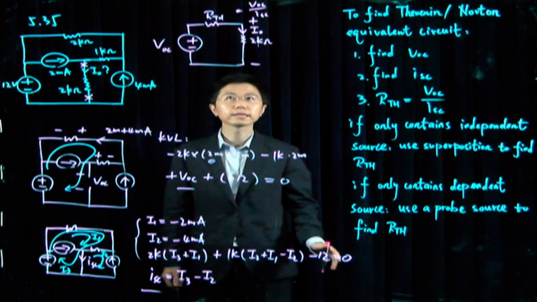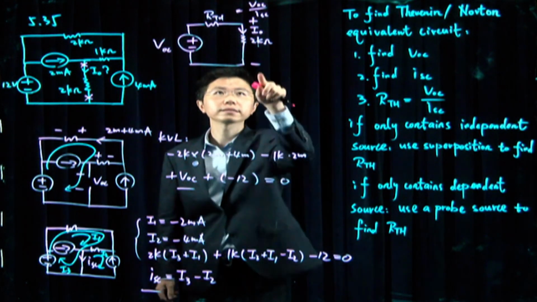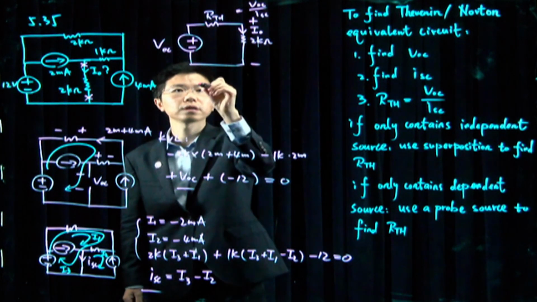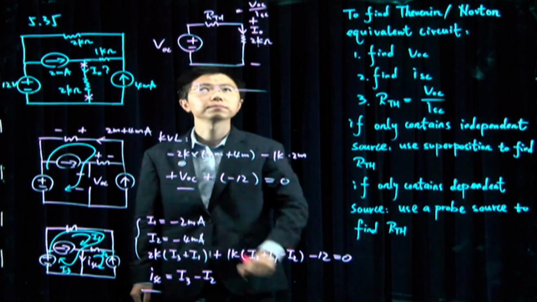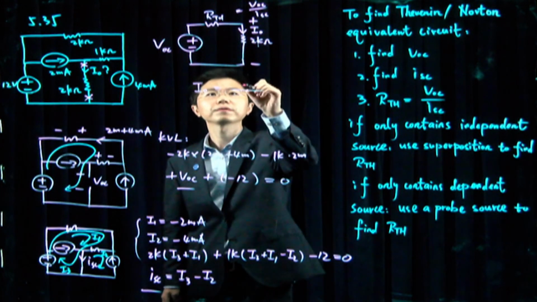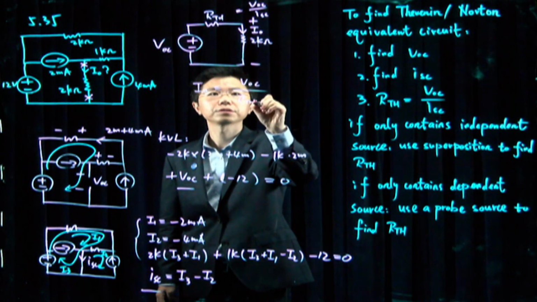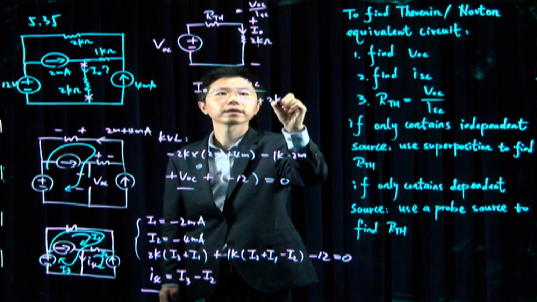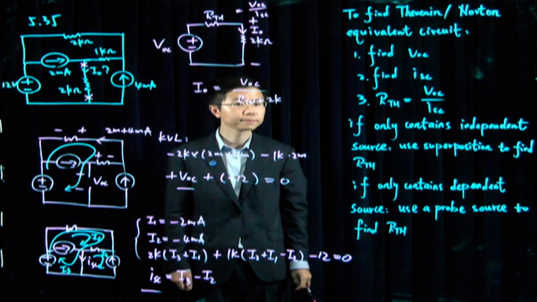After that, I end up with a simple circuit, and I can easily solve my I0 here. So I0 will be, as you can see here, VOC divided by RTH plus this 2K. Right?